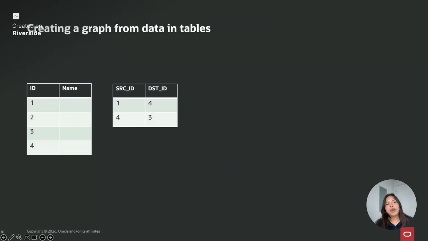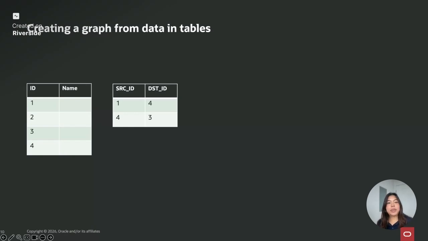When it comes to creating a graph from data in tables, I think the most traditional way to store data is in tables. Even if we're storing data from documents, we end up storing it in tables. I will be going over that, but let's continue with what we're covering right now, which is how to create a graph from data in tables. As you can see here, we have two tables.